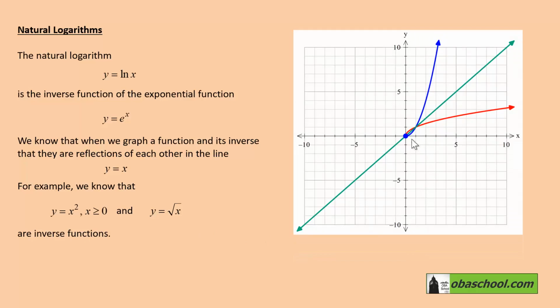And here we have that. So the blue one is y equals x squared for x greater than or equal to 0. The red one is y equals the square root of x. And the green line here is y equals x. We can see clearly that the blue curve and the red curve are reflections of each other in y equals x.